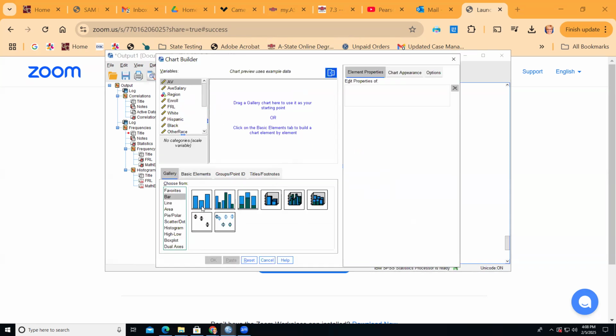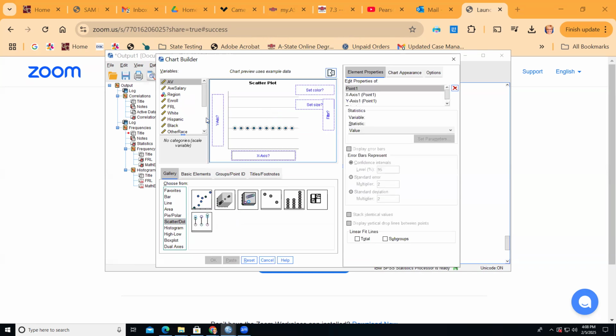And we would choose Scatter Dot, and I'm going to drag this one up. And I'm going to move one variable to the x-axis, and then the second variable, math exceed, to the y-axis. Okay, and then I'm going to click OK.